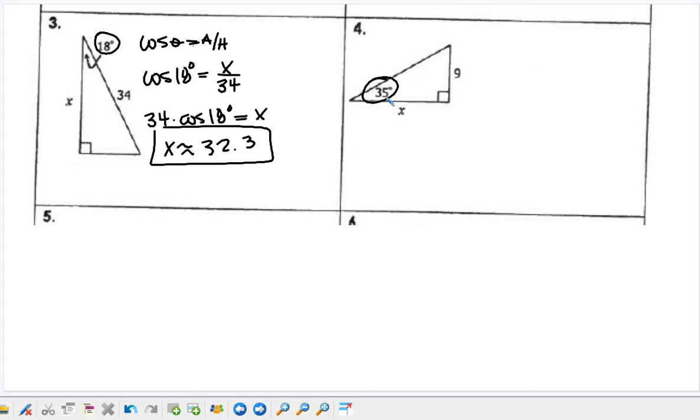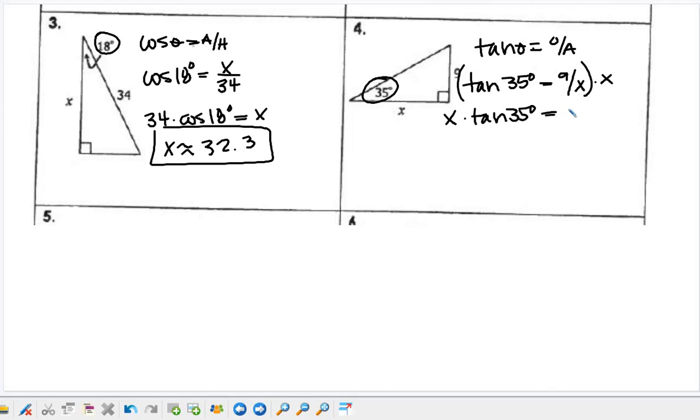So number 4, again, it's based off where this angle is. I have opposite and adjacent, so that's tangent. That means tan of 35 degrees is opposite over adjacent. This is going to be a two-step because I need to isolate x, so I'm going to multiply by x first. So I have x times tan of 35 degrees is equal to 9.